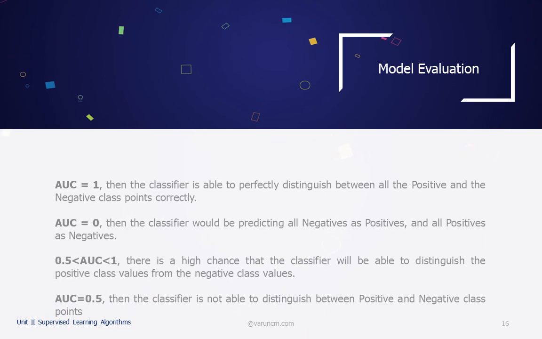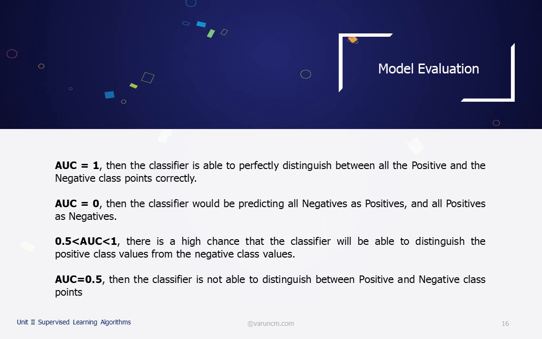How this can vary is, if the value of AUC is equal to 1, then it will perfectly distinguish between the positive and the negative class. And when the AUC is equal to 0, it just makes everything in reverse order. That is, it predicts all positives as negative and all negatives as positive.